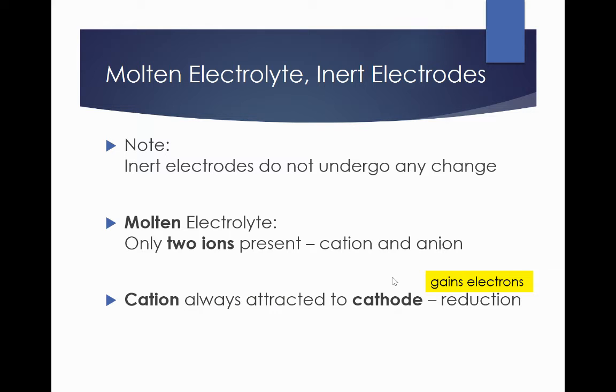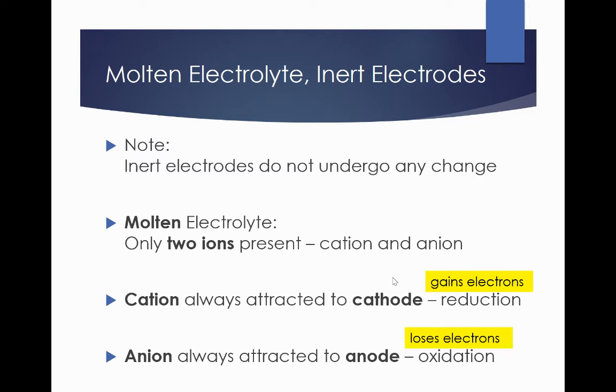And remember that cations are always attracted to the cathode and they undergo reduction, the process of gaining electrons, whereas anions are always attracted to the anode and they undergo this process called oxidation, where they lose electrons. So these two processes are always there. You have to really make sure that you know these processes well.